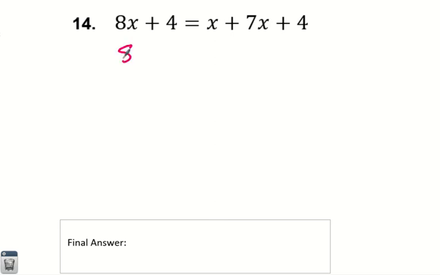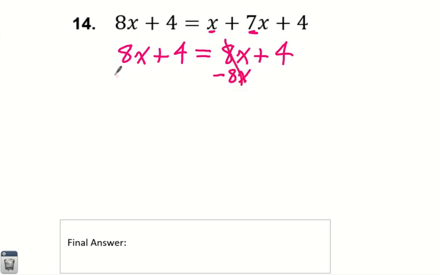In this problem, it looks like there's some like terms that are already on the same side. So we get to there, and now it's going to cancel out on both sides, and we're just going to be left with 4 equals 4, which is just flat out true.